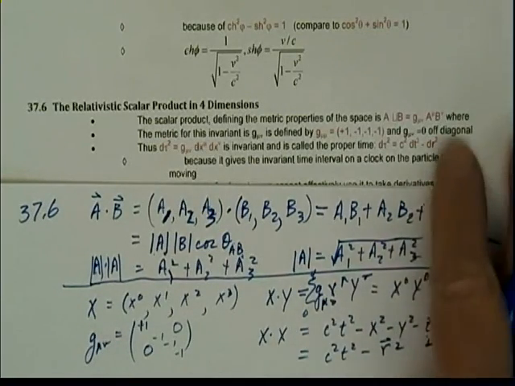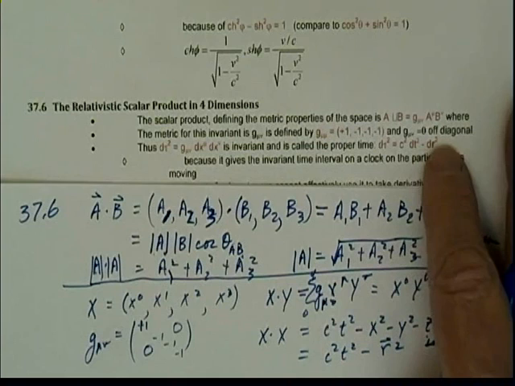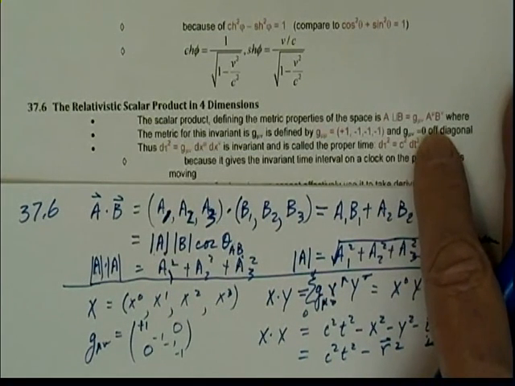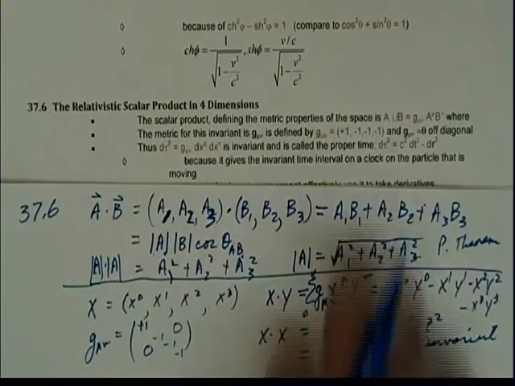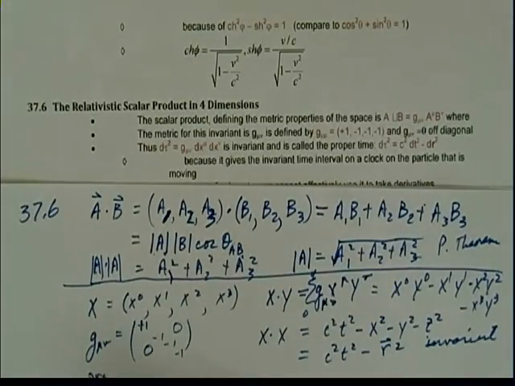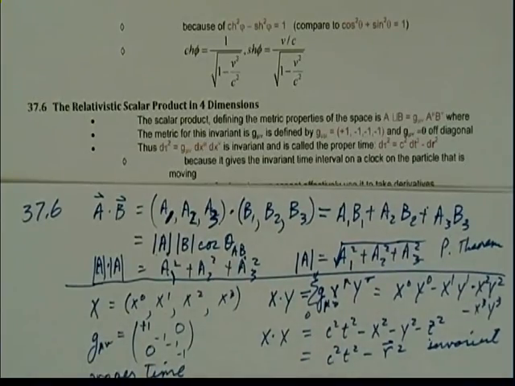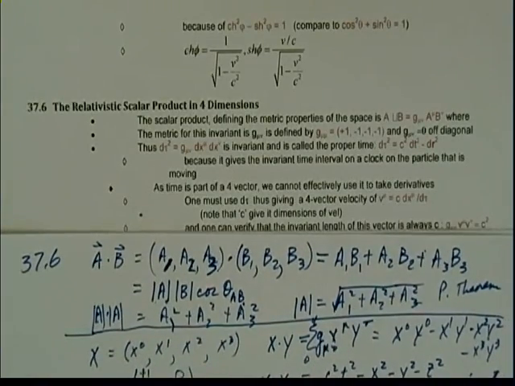And the reason for that is you can see that if the observer sits on the object, dr never changes, and so d tau is equal to c dt. And this d tau is called the proper time. And it's a very important concept in special relativity.